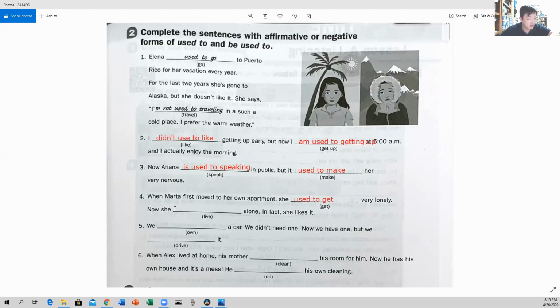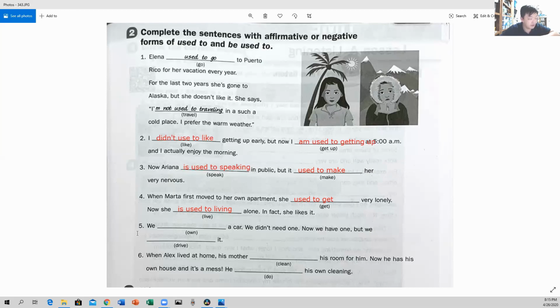So now with the verb to be, she is used to plus gerund. She is used to living alone. In fact, she likes it. Okay, how's it been? Good.